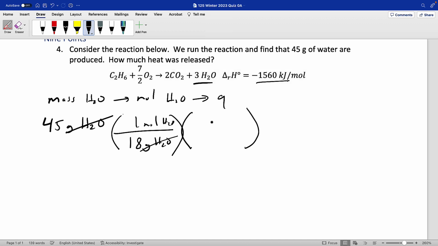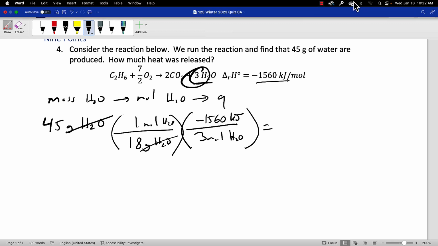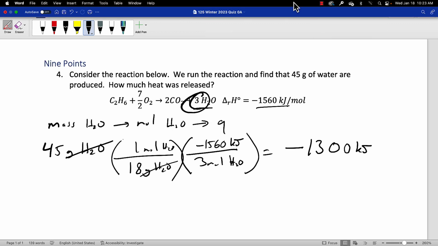There's negative 1560 kilojoules for every 3 moles of water. So from that, we can calculate our answer. We've got 1,300 kilojoules.